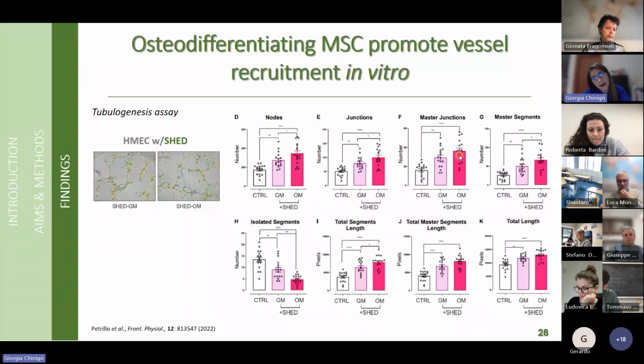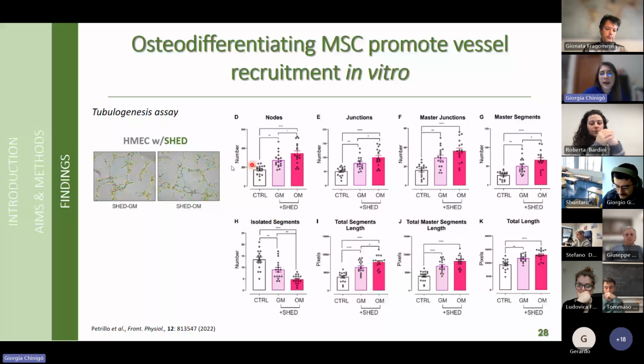What we observe in this case is, again, that some parameters that are directly related to the complexity of the network, for instance, the number of nodes, junctions, master junctions and segments, significantly increase when endothelial cells are co-cultured with osteodifferentiating mesenchymal stem cells. By contrast, other parameters that are not directly but indirectly correlated with the complexity of the vascular network significantly decrease, for example, the number of isolated segments.